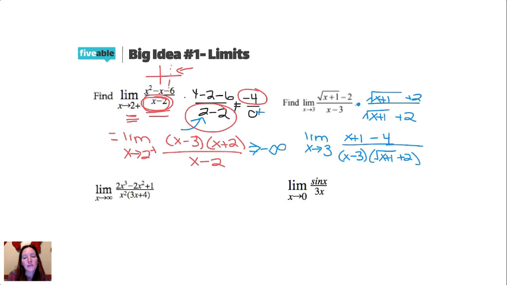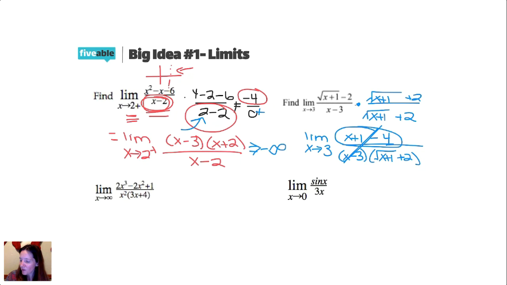My reason is that we're hoping things are going to cancel out, so I'm going to leave it factored just so we can see if anything factors. Hopefully you can see that this numerator is going to be x minus 3. So that numerator cancels with the x minus 3 in the bottom.